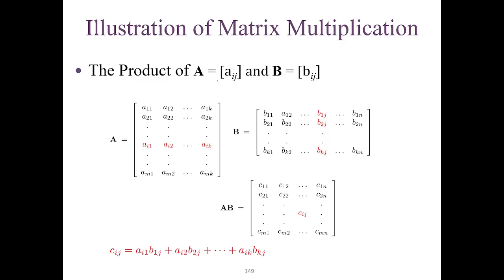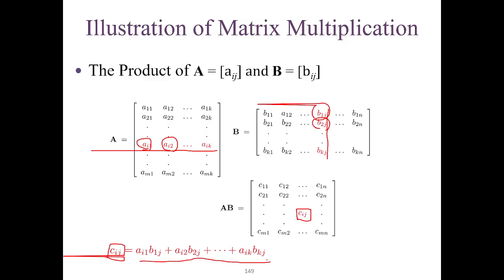Once we have two matrices A and B, we will calculate the product of A and B. For the element Cij in this position, we will use the ith row of A and the jth column of B. So we multiply Ai1 and B1j, this element and this element, and then we multiply Ai2 and B2j, and then we add all these products. Then we will have Cij.